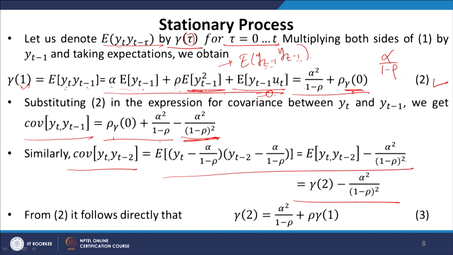So, from 2, this is expression 2, it follows that gamma 1 is alpha square divided by 1 minus rho, which remains as it is because it is not dependent on either the distance or time period, plus rho gamma 0, then I will be having rho gamma 1. So, here gamma 0 is basically 1 less than the one which I have on the left hand side.